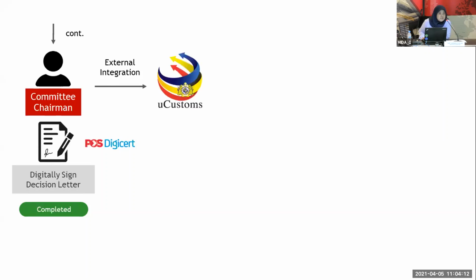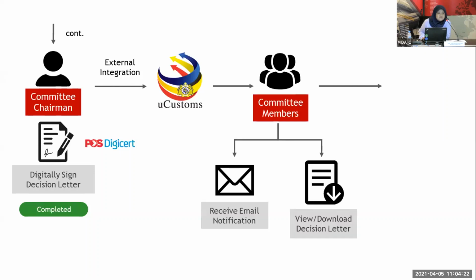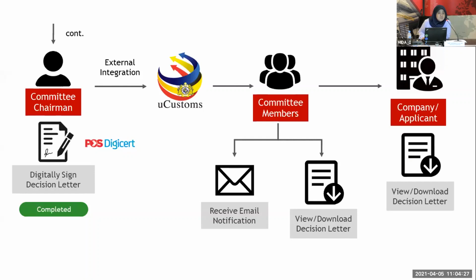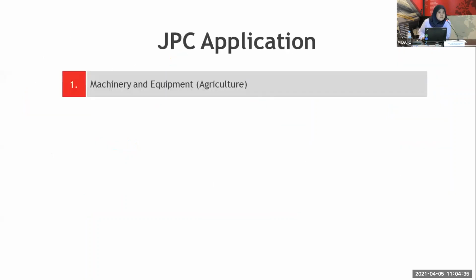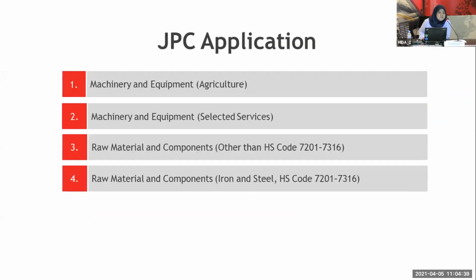As I mentioned earlier, at this point we have external integration with UCustom, and your approval information will be sent to UCustom. Once the application has been completed, you can straight away view or download your decision letter. So this is the JPC application.